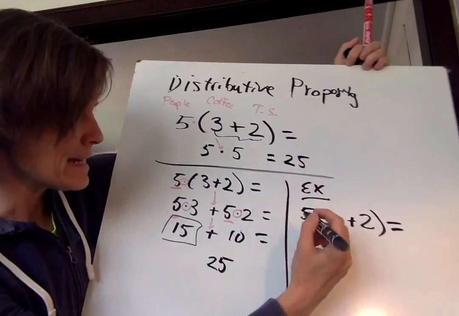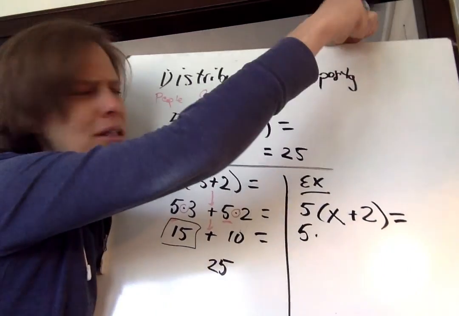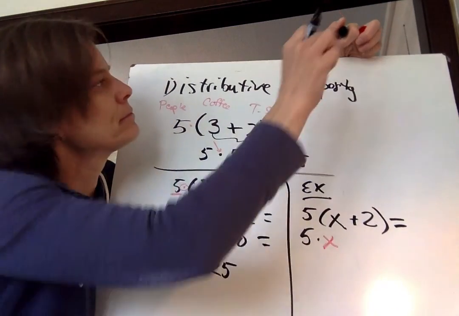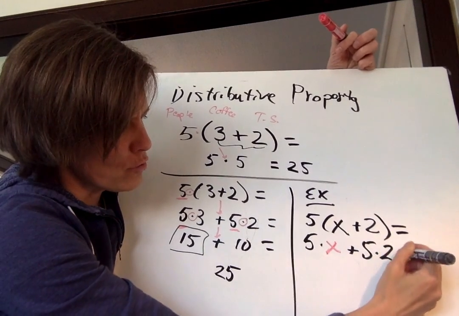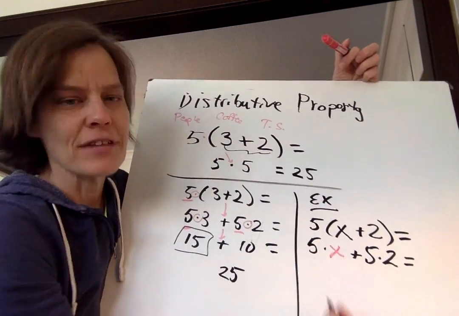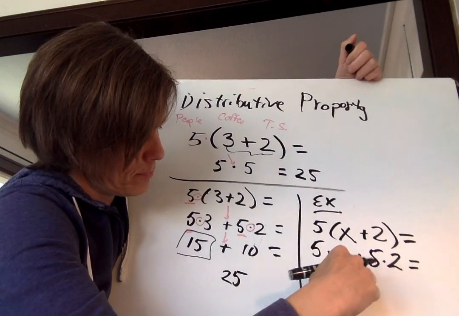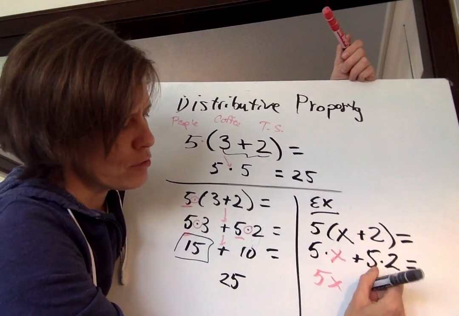But we can say 5 times, and I'm going to highlight in red, hopefully it'll work, X plus 5 times 2. 5 times X we still don't know. I should have had that whole thing. But 5 times 2 we do.